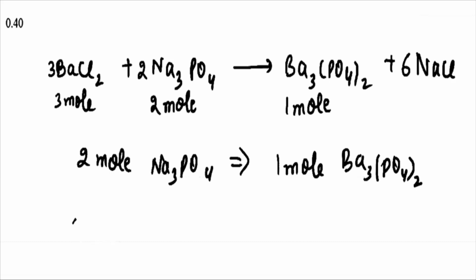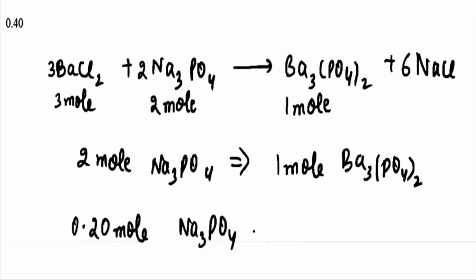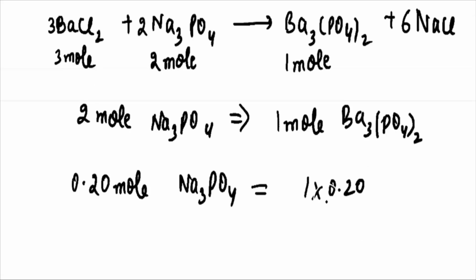So 0.20 mole of Na3PO4 will give 1 into 0.20 divided by 2.